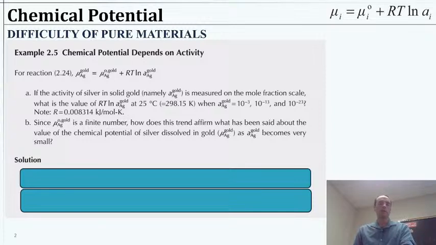And it gives us the value of R. That's part A, and part B says, since the standard is a finite number, how does this trend affirm what we've talked about for the value of chemical potential of silver dissolved in gold as it becomes very small?